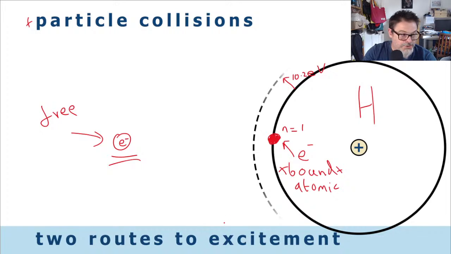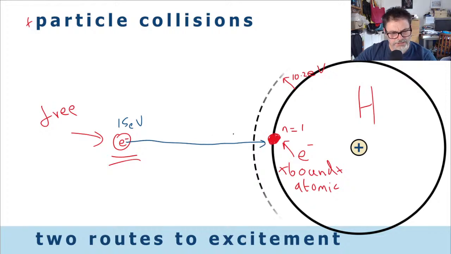Right then. So we know that we want to provide 10.2 eV to get Johnny electron there from level 1 to level 2. Let's say that this again has 15 eV. Well, I think you know what's going to happen. This comes colliding in. I'm going to say somehow the bound electron knows that it needs to take 10.2 to get itself up to that first level.